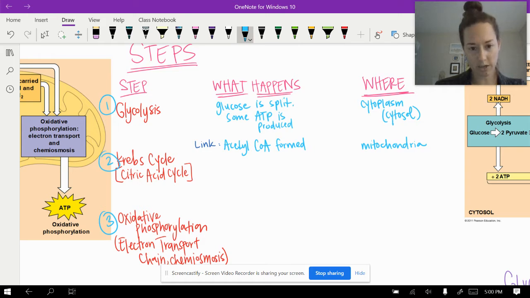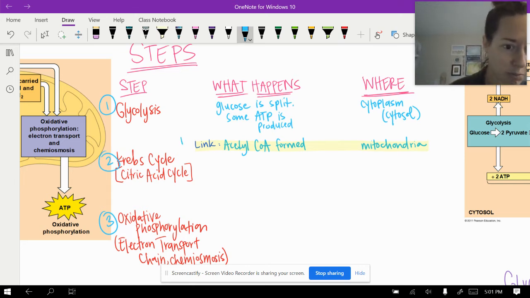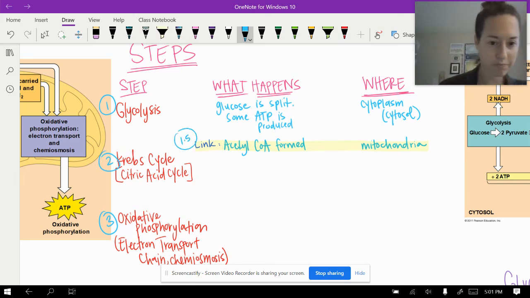So now we get to the Krebs cycle. I'm going to highlight the link as being a separate thing, just so it doesn't get messy, and I'm going to label it as step 1.5. All right, then we get to the Krebs cycle, which also can be called the citric acid cycle. They're both the same thing.